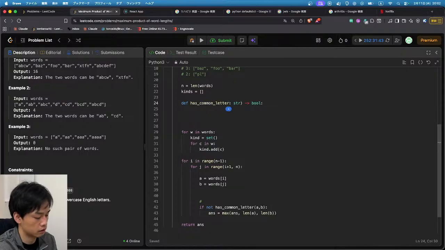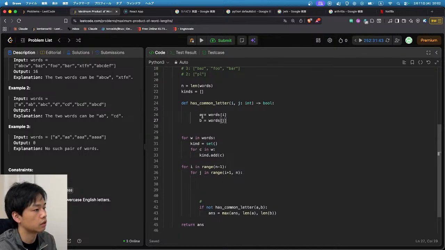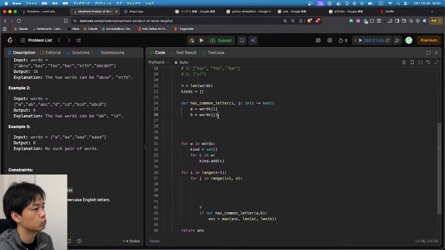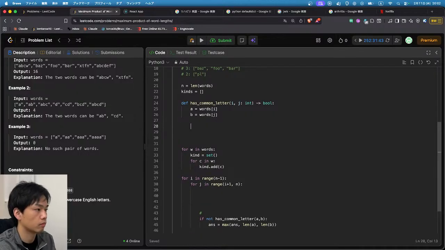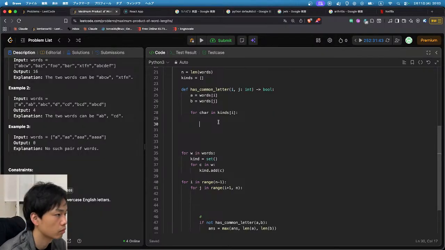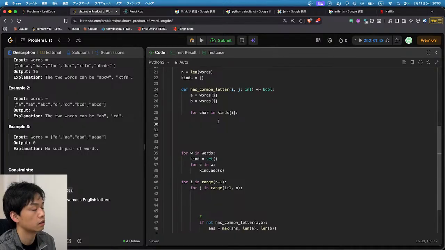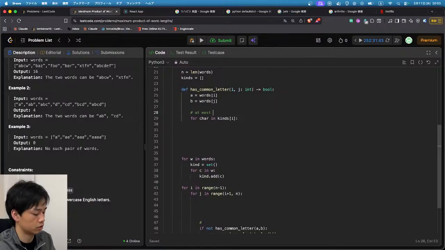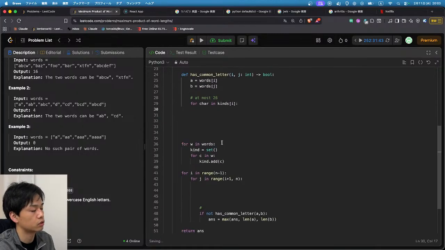No, it takes index i and j, and kinds at most 26, right?